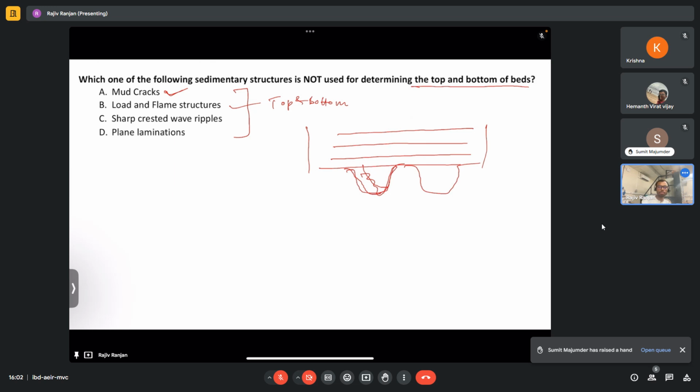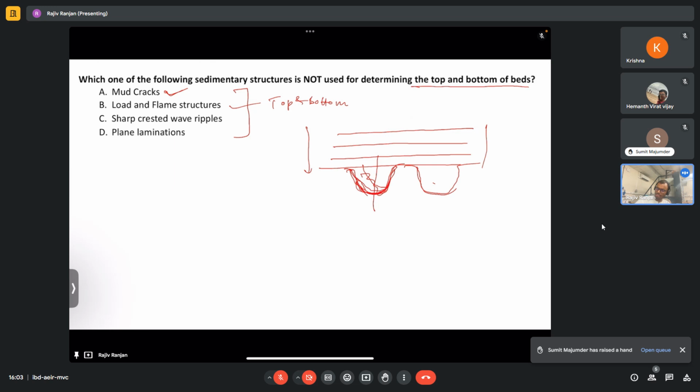And what will happen in the process? This sort of structure will form, and we can see here that the bottom part will have this concave shape.